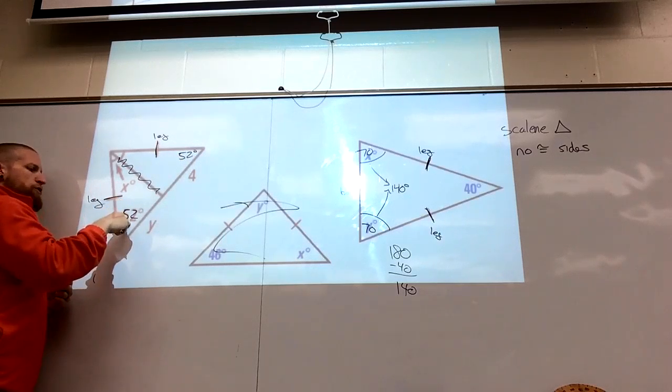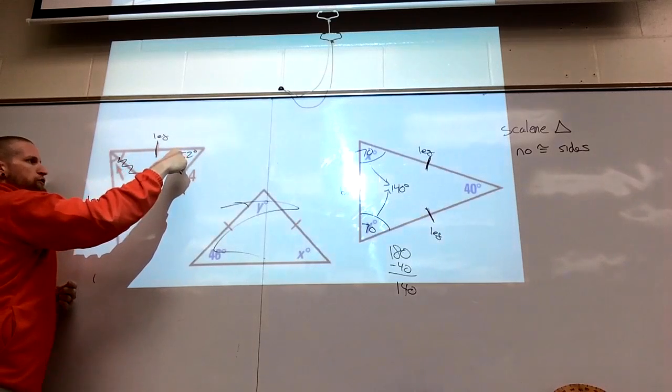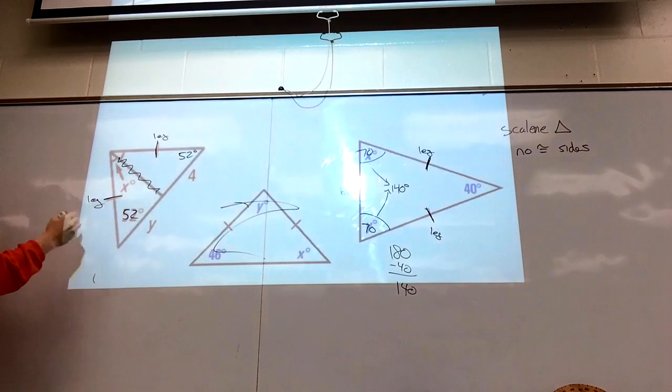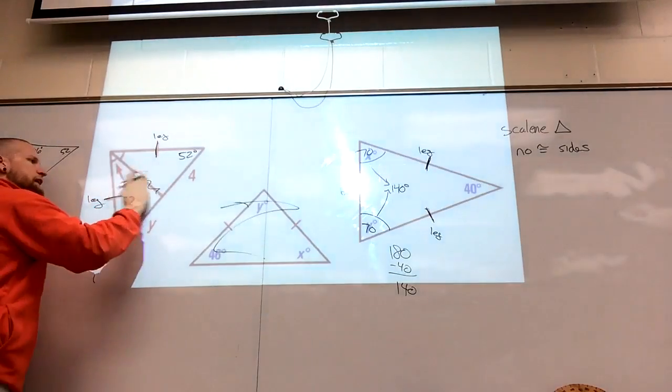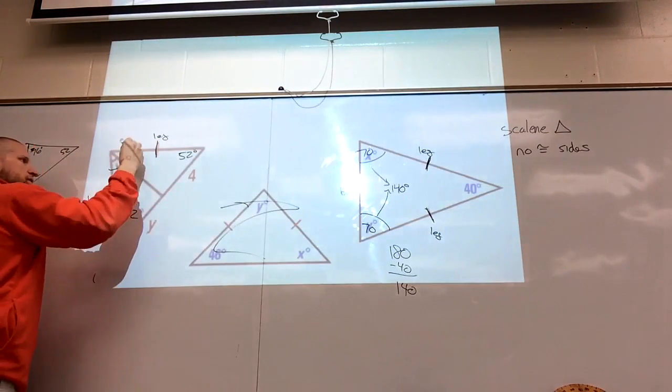If I knew this angle was 52 and this angle was 52, and again, I'm doing this as if that line's not there, could you figure out what that angle is right there? Subtract from 180. So what is 52 plus 52? 104. 180 minus 104 is what? 76.